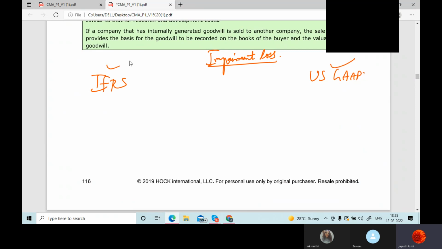Now, there are two schools of thought, IFRS and US GAAP. They have a different kind of treatment for impairment loss.